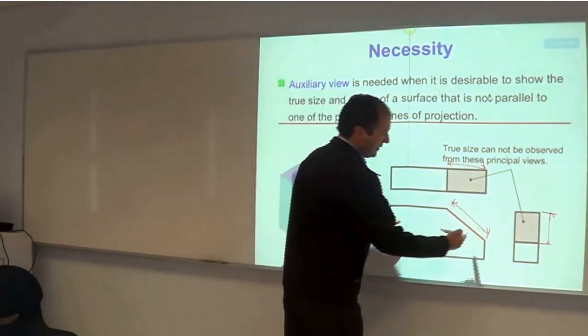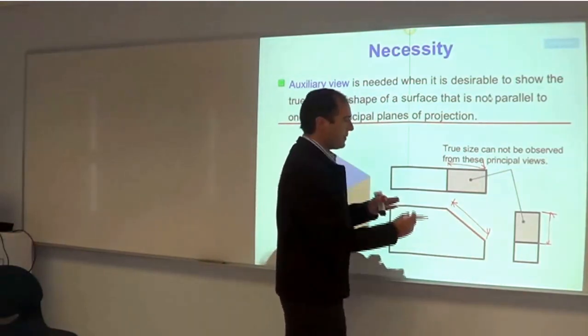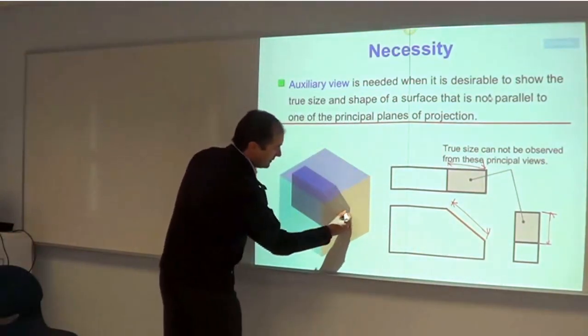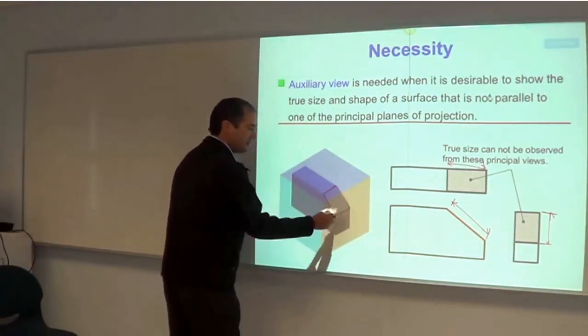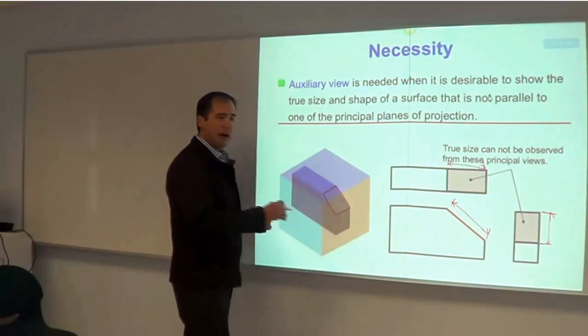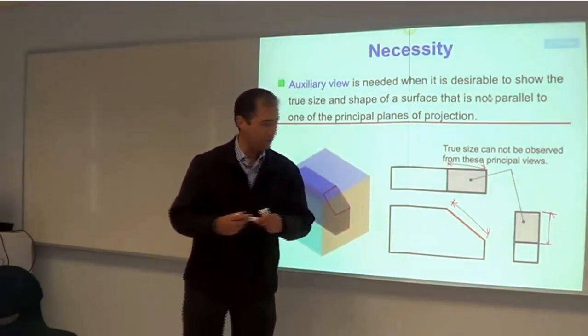So in order to have a good, exact look, if I'm interested in this rectangle here, and I want to see the dimensions of this rectangle, I necessarily have to use an auxiliary view.